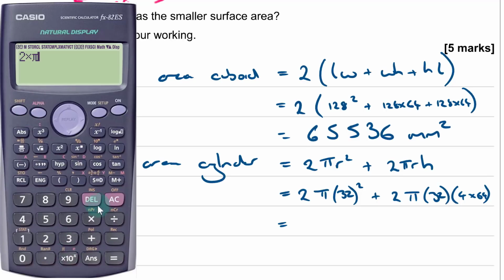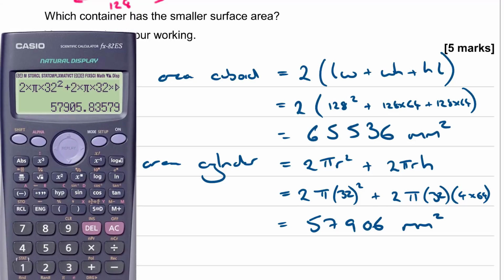So tapping that in, 2 pi times 32 squared plus 2 pi times 32 times 4 times 64. I make that 57,906 to the nearest unit. That's in millimeters squared.